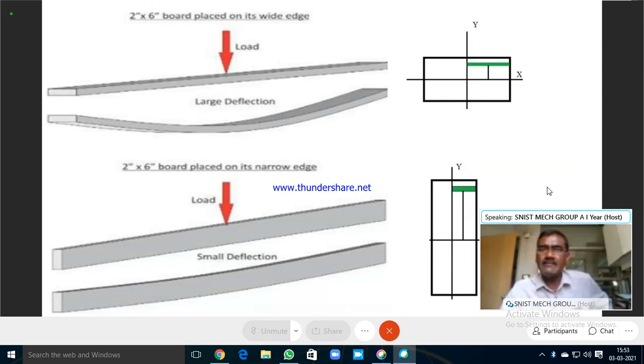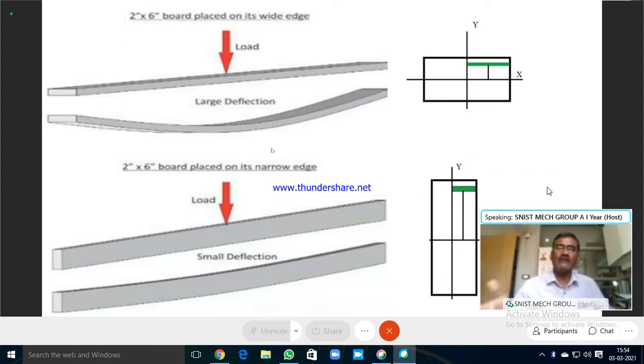Yes, load is same, the cross section is also same, and only change is it's not at ends, both are same, simply supported. Let us assume that the end connections, now ends are supported. Both ends are supported in both the cases, right?